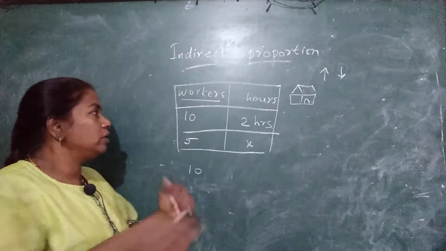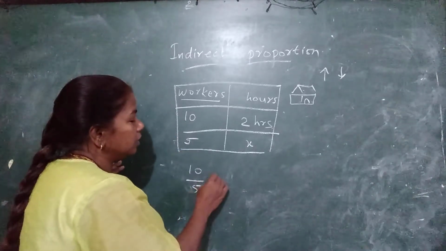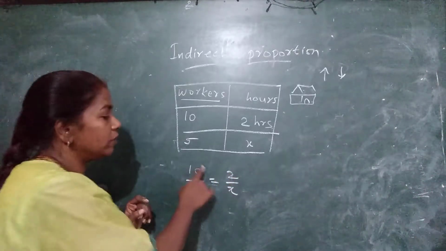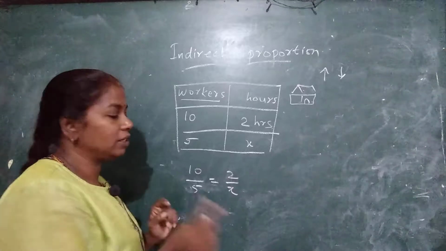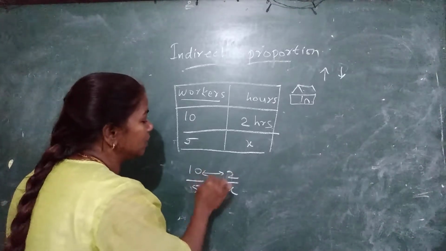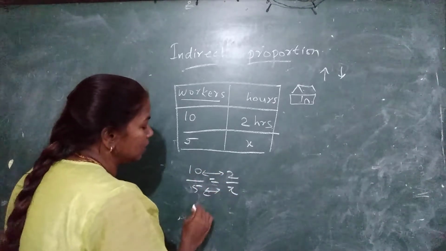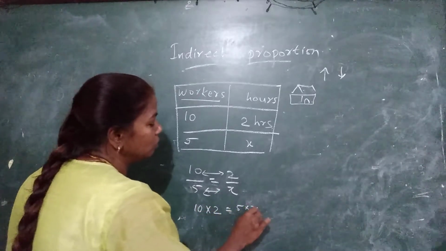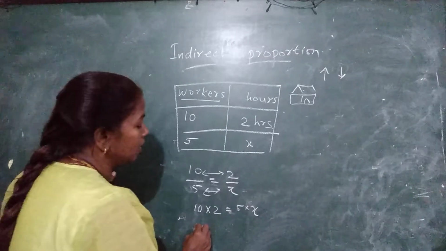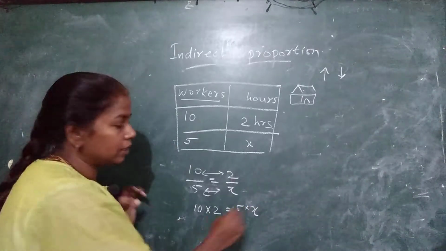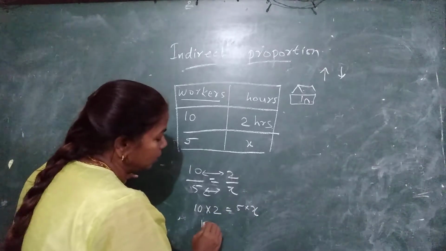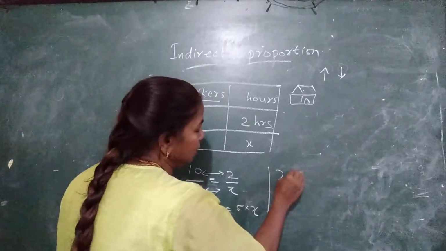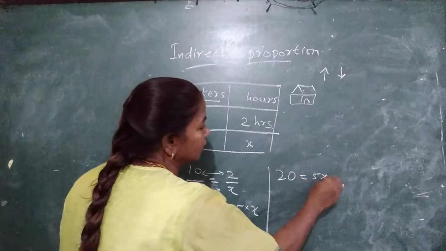Now, 10 upon 5 is equal to 2 upon x. In direct proportion we did cross multiplication, but here you will multiply straight across. That is 10 into 2 is equal to 5 into x. 10 twos are 20, so 20 is equal to 5x.